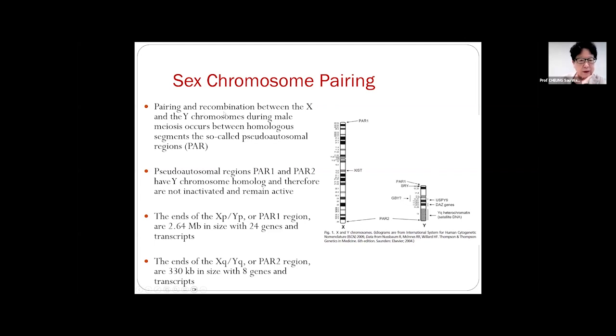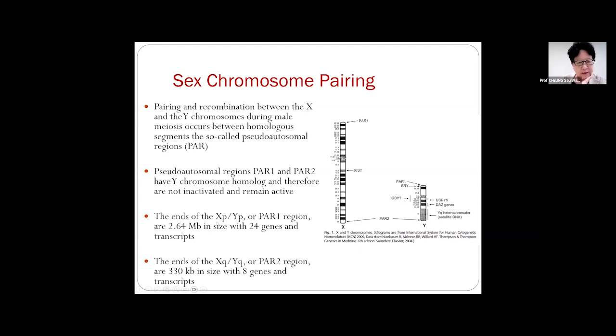Pairing and recombination between the X and Y chromosomes during male meiosis occur between homologous segments of the so-called pseudoautosomal region, the PAR region. PAR1 and PAR2 have Y chromosome homologs and therefore are not inactivated and remain active.